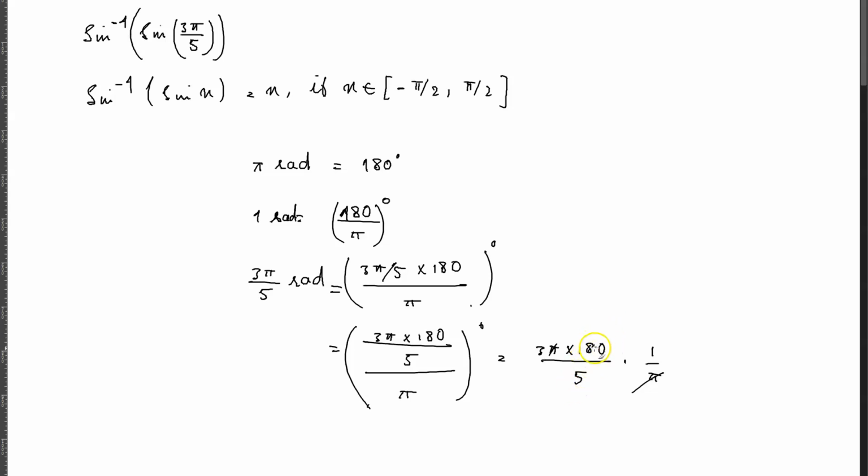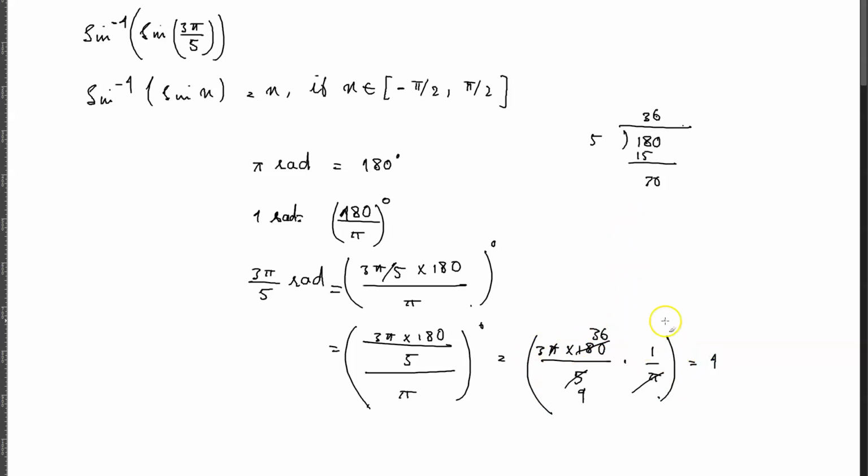Now I think you can simplify this over here, right? 180 divided by 5 is equal to 36. So 36 and 3 times 36 is something about, that's 90 and 18, 108 degrees.